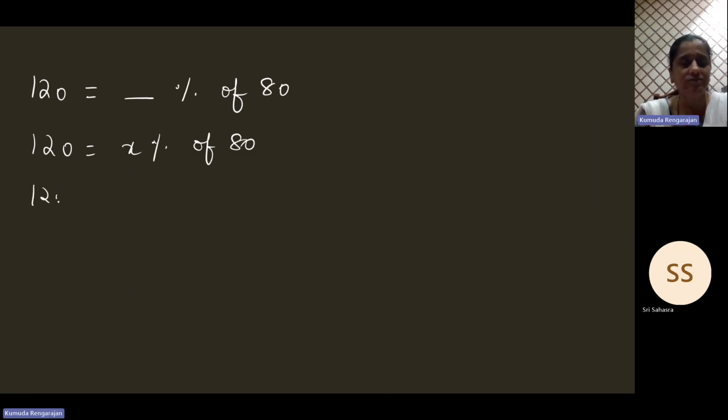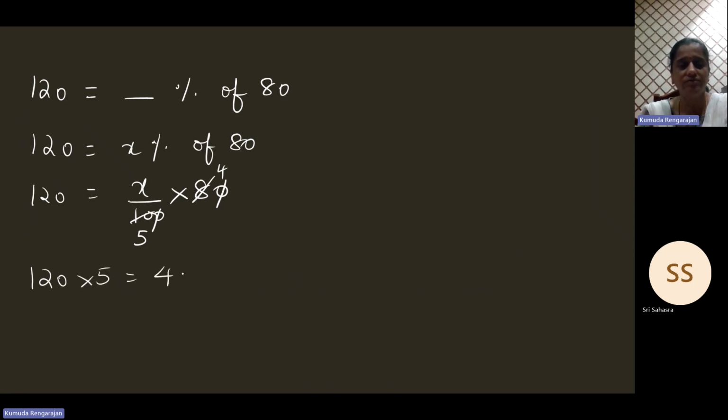So 120 is equal to X percent means X by 100 multiplication 80. Cancel. 2 4 times. 2 5 times. So we have 4x by 5. Cross multiply. 120 into 5 is equal to 4x. So 600 is equal to 4x.